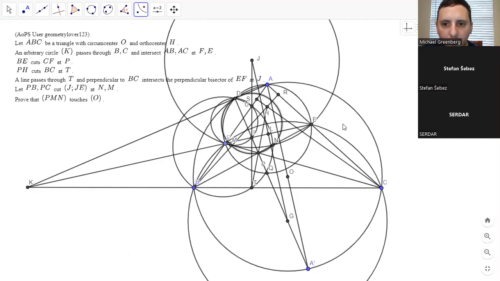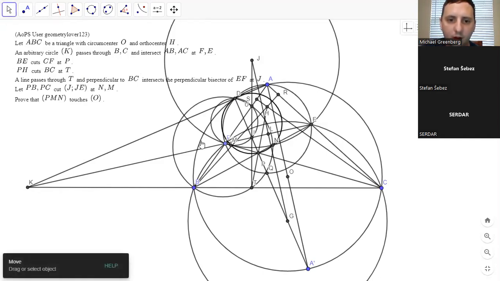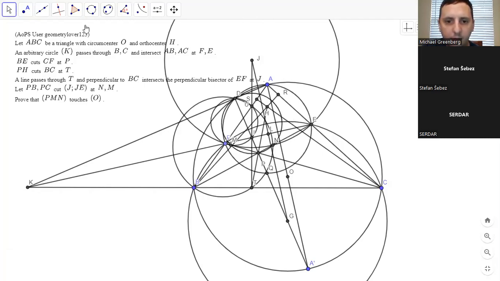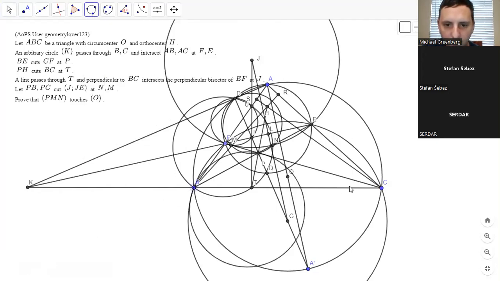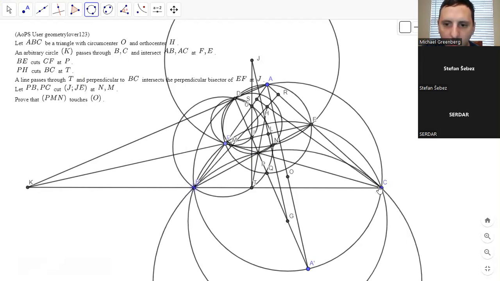So if we invert it around this, it just stays the same. It's fixed. So that means it has to be tangent to BPC, since D inverts to P around that inversion.